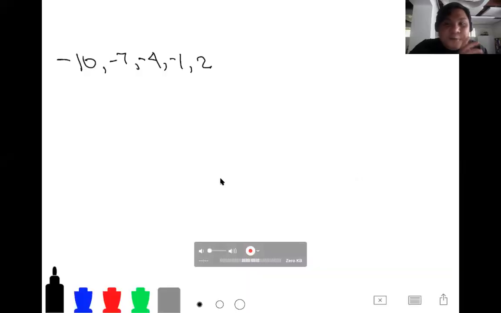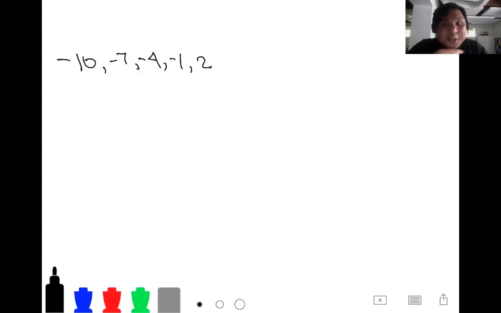The first thing we're going to do is identify the recursive formula, because the recursive formula identifies the simple pattern. You just need to figure out how to get the next term using the previous term. So we focus on -10. From -10, how do we get -7? There would be several answers. Maybe we can square it first, then subtract a particular number. Maybe we multiply something.